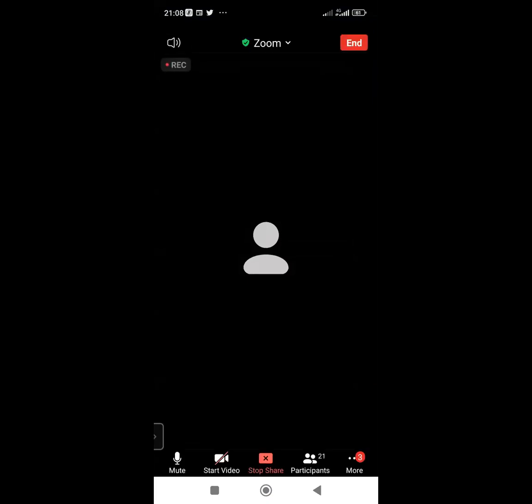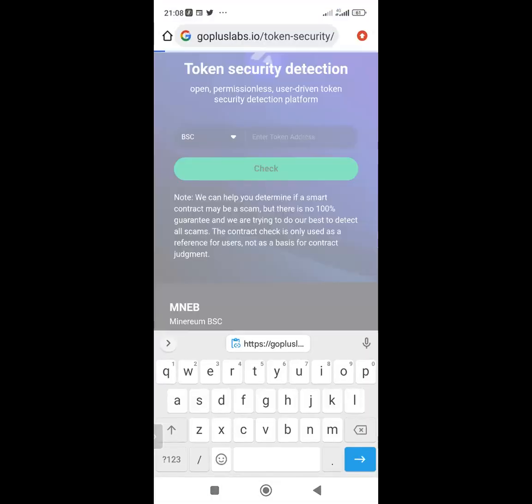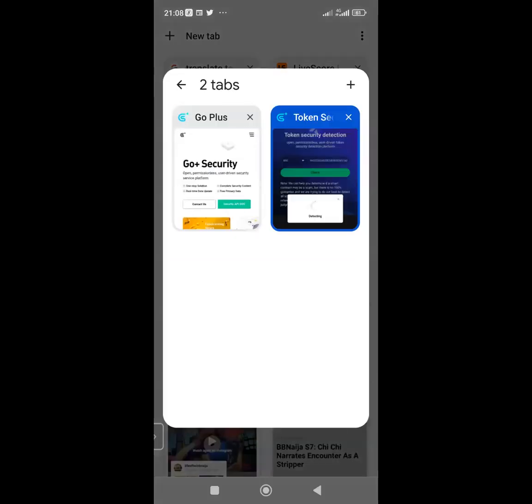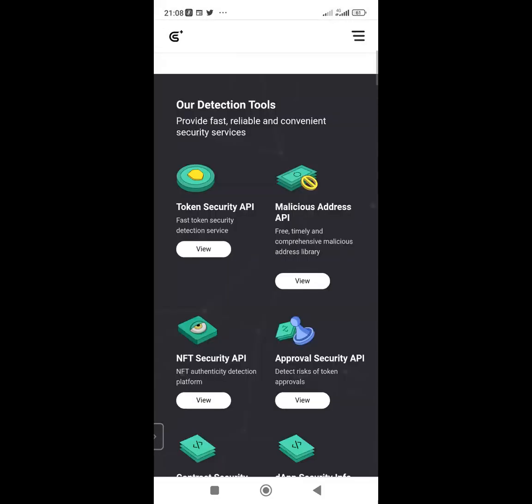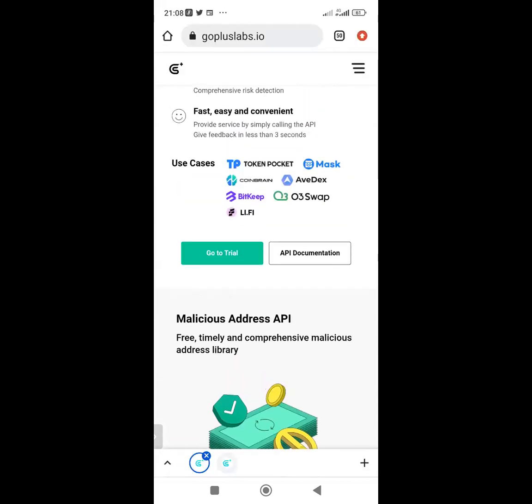Other wallets like Token Pocket also use it. Many projects use this security system: Mars, CoinBrain, Leafy Finance, Q3 Swap, BitKeep. They are all using the same GoPlus system.